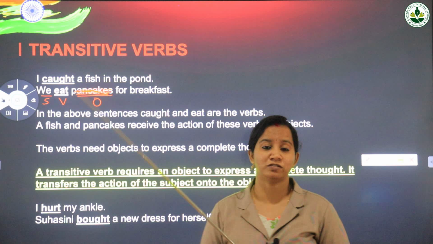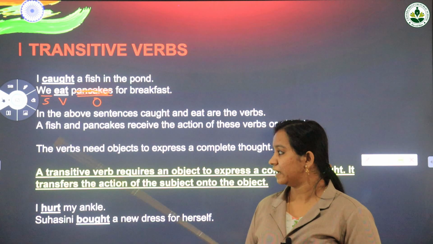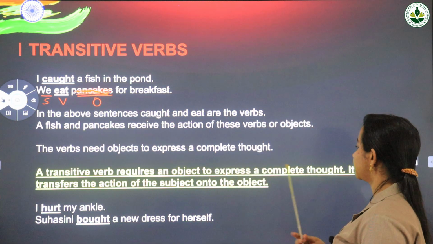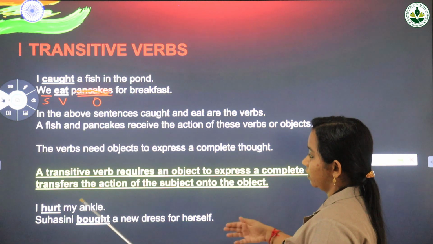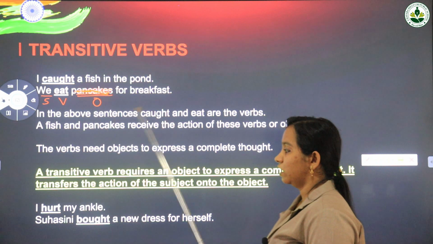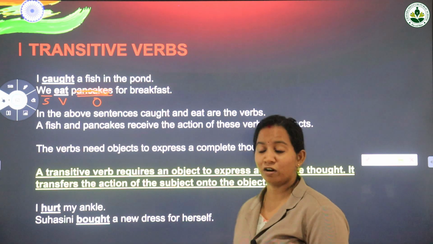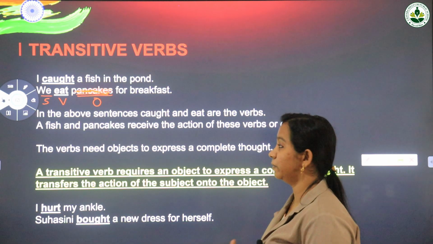We eat pancakes. So pancakes should be there in a sentence. So a transitive verb requires an object to express a complete thought. Okay, so it transfers the action of the subject onto the object. That means transitive verbs are verbs that require the help of the object to complete the meaning. Without the object, the meaning will be incomplete.